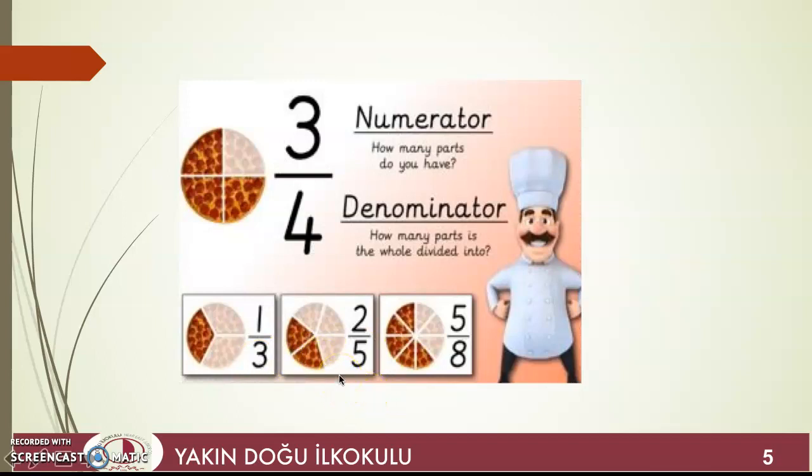How many numerators are there in the second example? 2 numerators. How many denominators are there in the second example? 5 denominators.